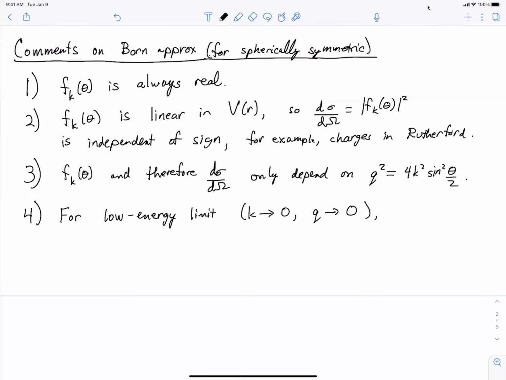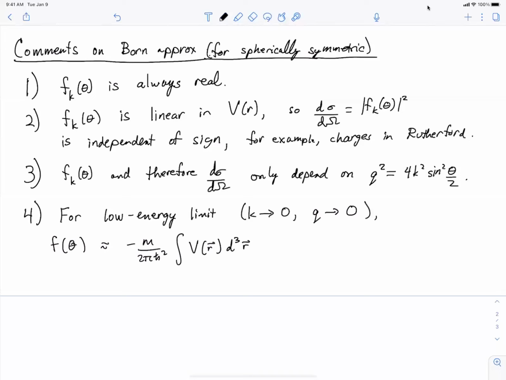And that's telling us that it can't depend on the angle theta. So in fact, if you go back and plug into the integral, f of theta is approximately, in that limit, minus m over 2 pi h bar squared. Okay, the exponential just goes away. And we're just doing this.